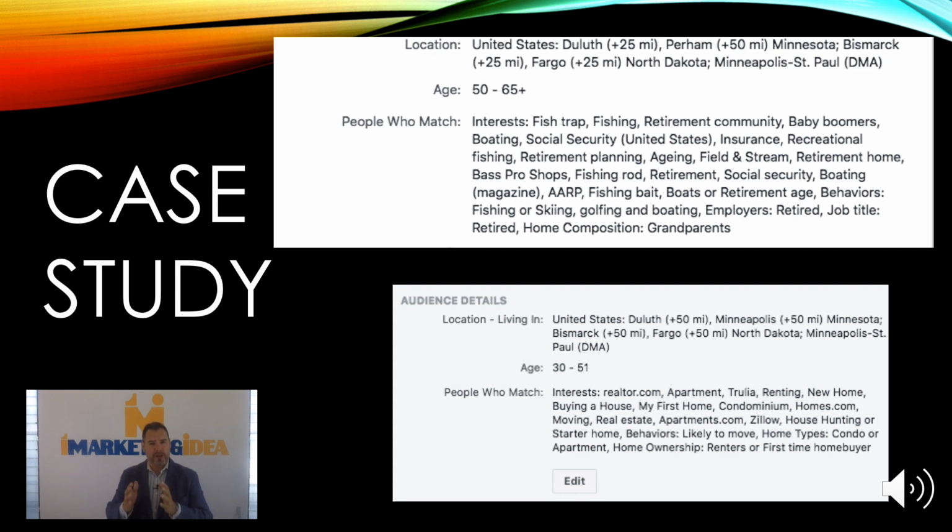The first-time buyers, we segmented by age as well, but now we also targeted those individuals who had liked or were following applications such as Trulia, Zillow and Apartment.com, which are typically used by individuals who are surfing or looking with the intent to buy a new house.